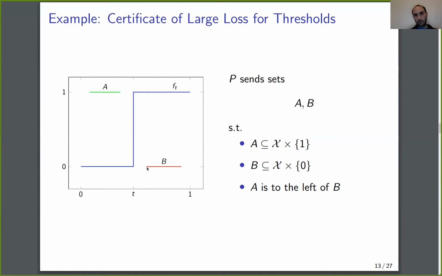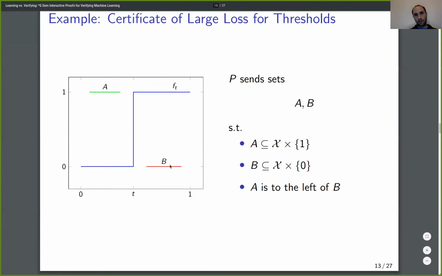And again, B is also an interval, a set of points that are all labeled as 0. Formally, A and B are both events within the probability space where the unknown distribution is defined. So P sends these two events, A and B. And in addition, they satisfy this requirement that A is to the left of B. So all the points in A are smaller than all the points in the interval B.